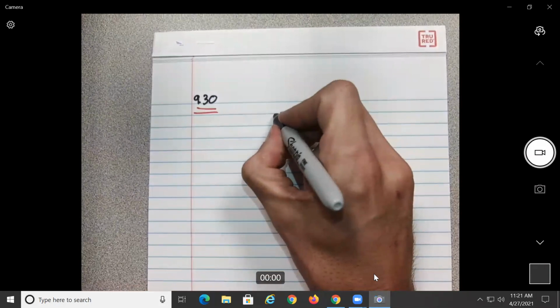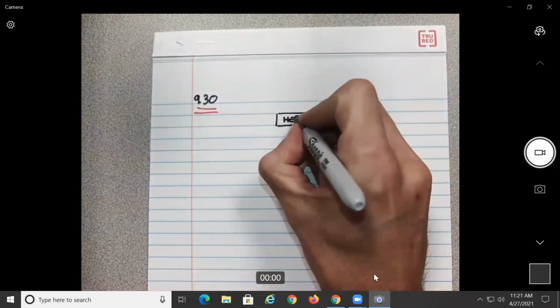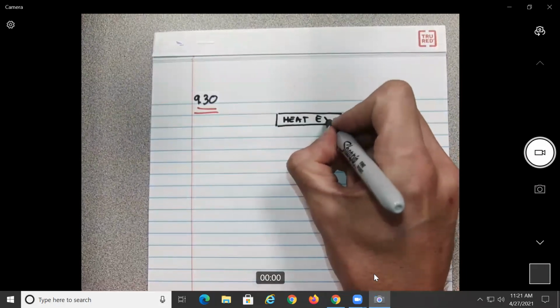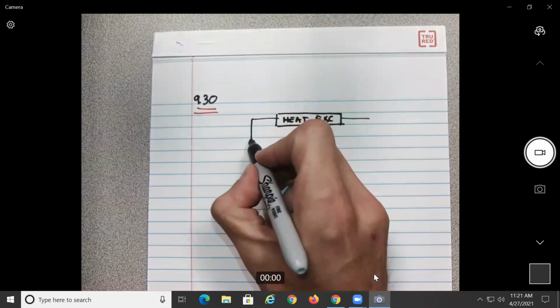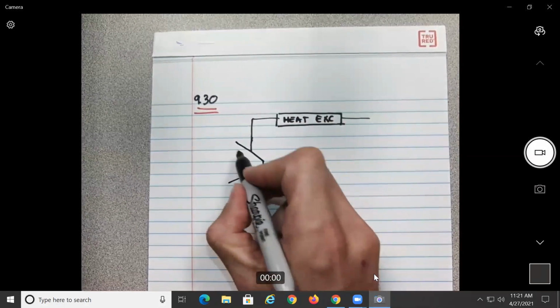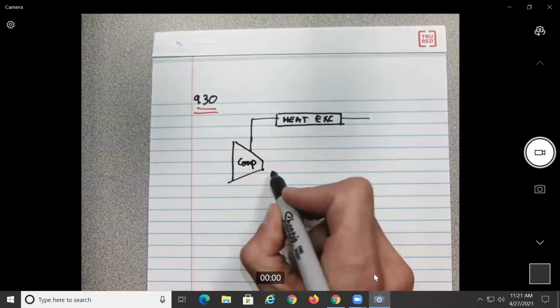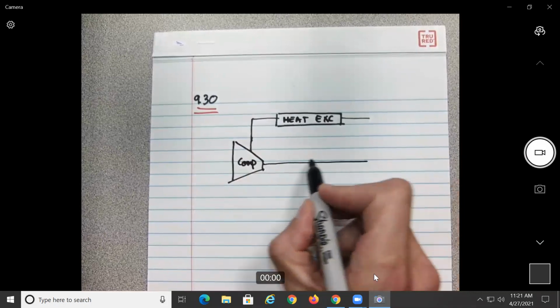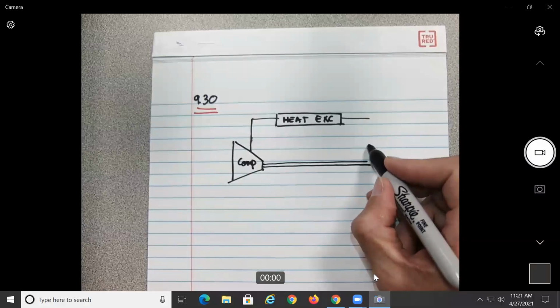So we have a heat exchanger over here. In here we have a compressor, which is driven by a turbine.